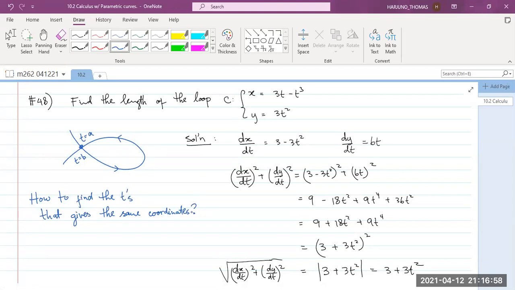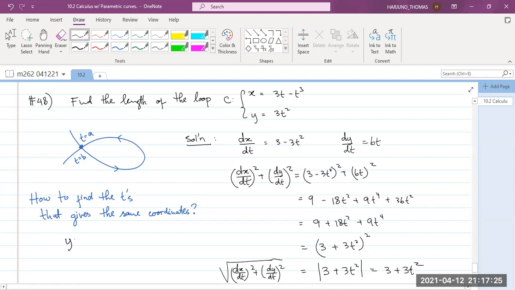The x is an odd function of t, the y is an even function of t. Any idea? From here, we see the t's have to be opposite, right?